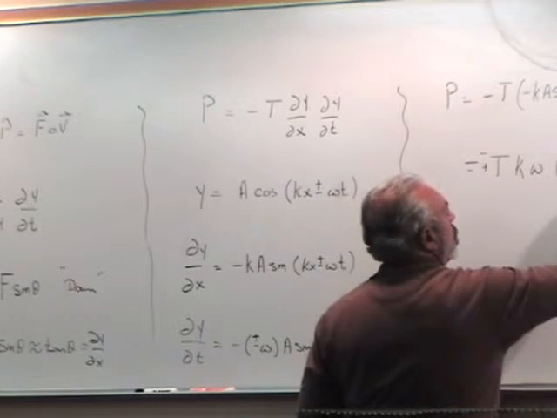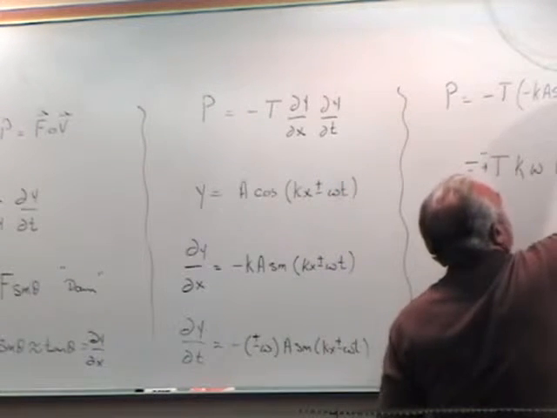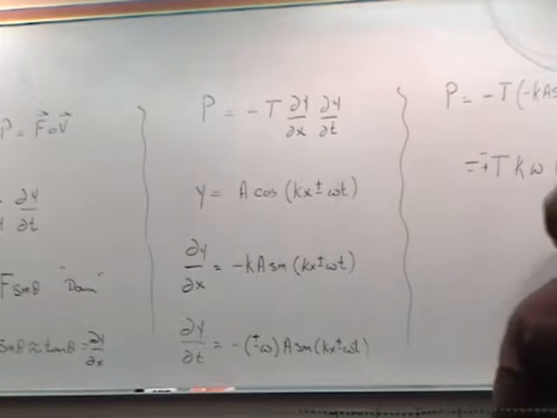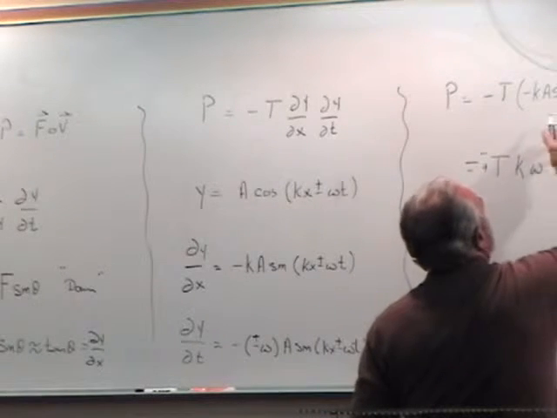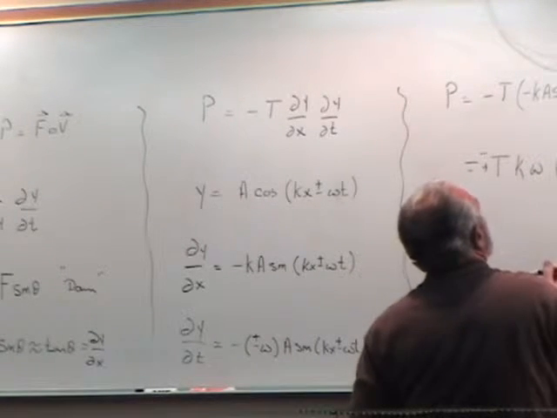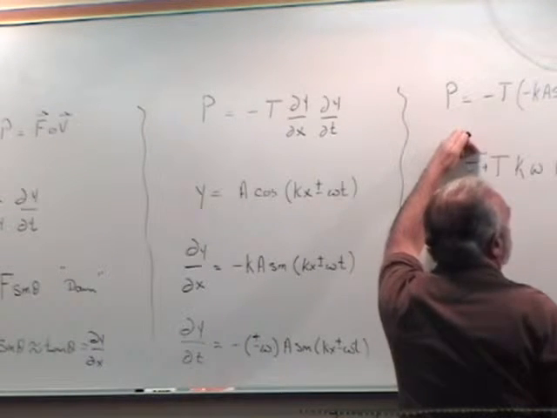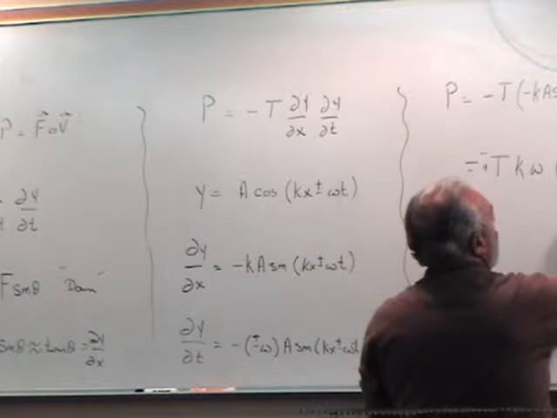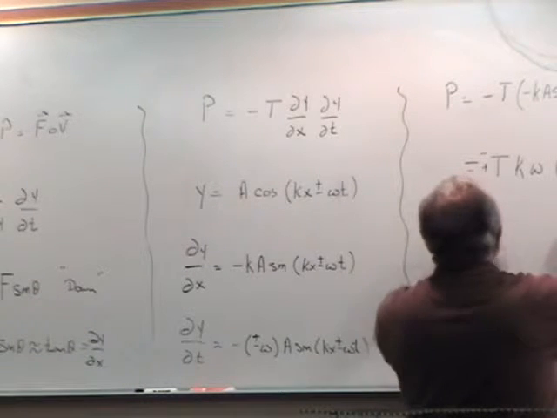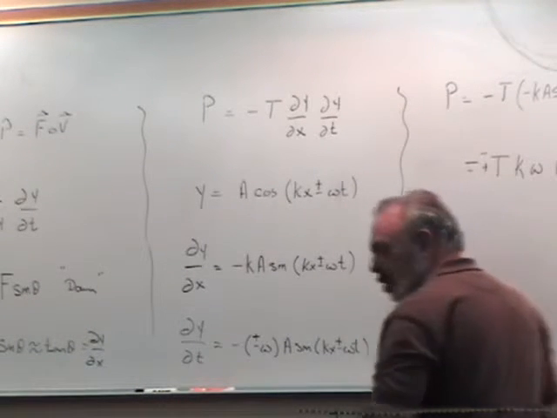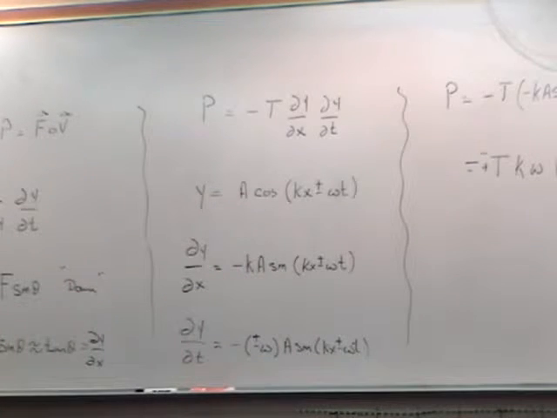So if I choose the plus sign, in other words, if the wave was moving in the negative direction, I choose the plus sign here, I must choose the minus sign out front. If I choose the minus sign for the wave moving in the proper direction, then I would choose the plus sign out front. That's all I did on the next page. So I just corrected it for the more general case.